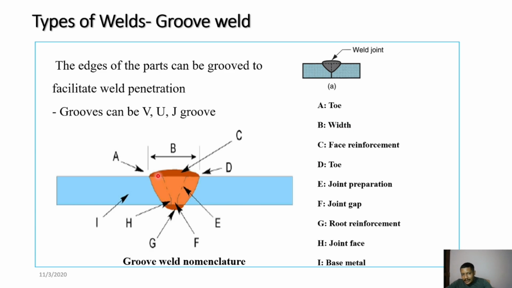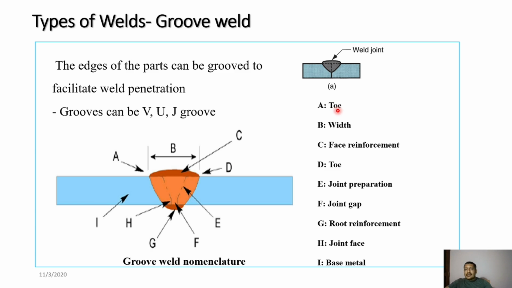Basically you can see over here the actual shape of both plates where you have gone for groove welding. Based on the shape of this groove you can make V shape, U shape, J shape, etc. Sometimes it can be single V or double V, single U or double U. Depending on the thickness of the plate, the welder needs to select what type of groove joint he wants to make.